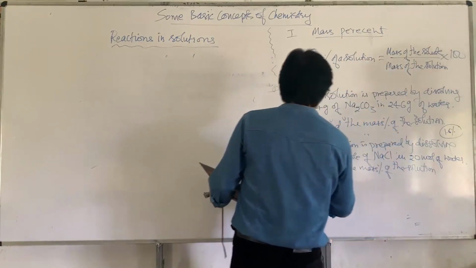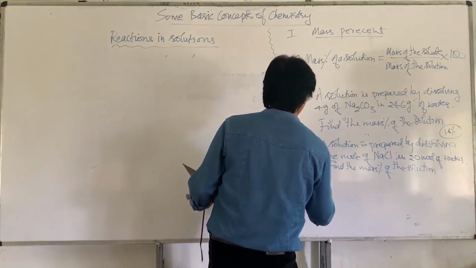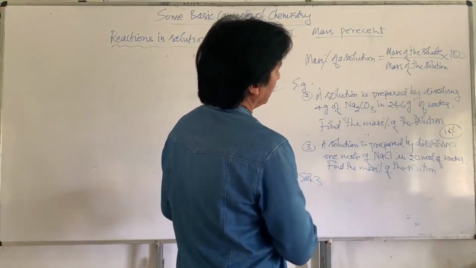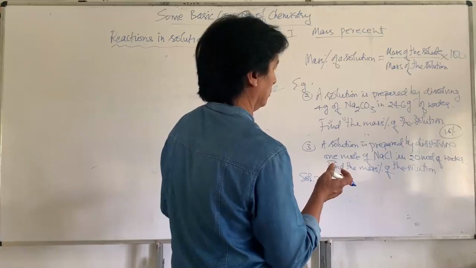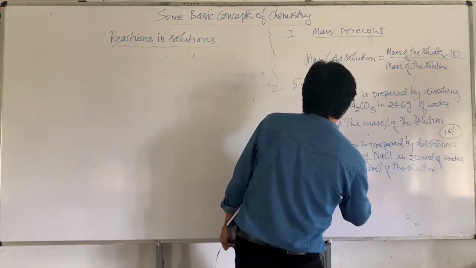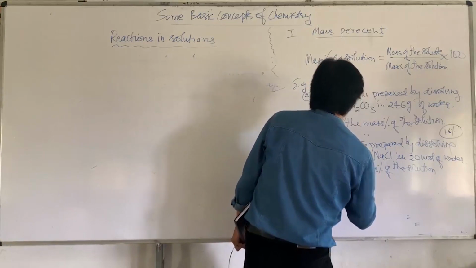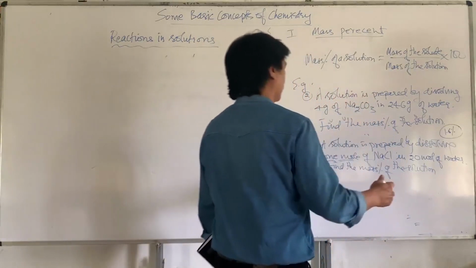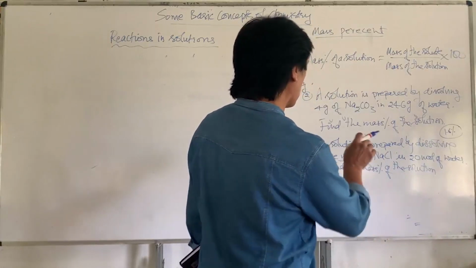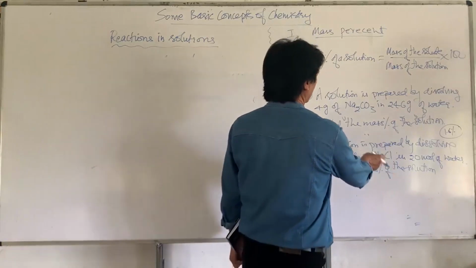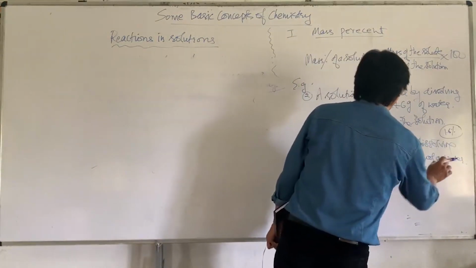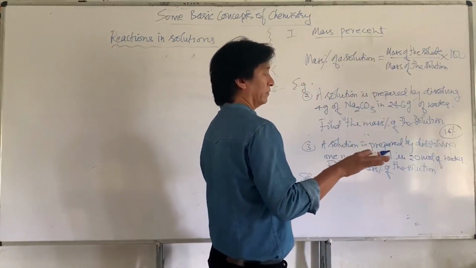Very simple. The solution is prepared by dissolving 1 mole of NaCl in 20 moles of water. Now here it's given in terms of moles. You have to express the mass of sodium chloride in terms of grams, and then the mass of water again in terms of grams.